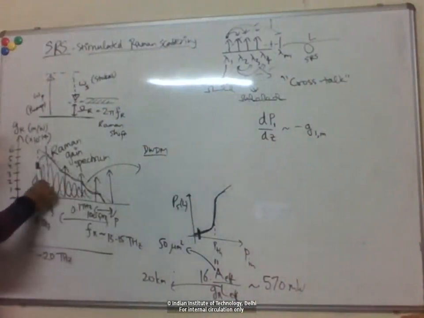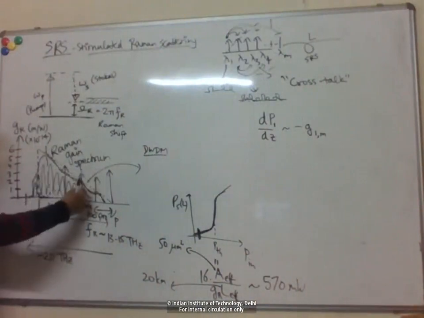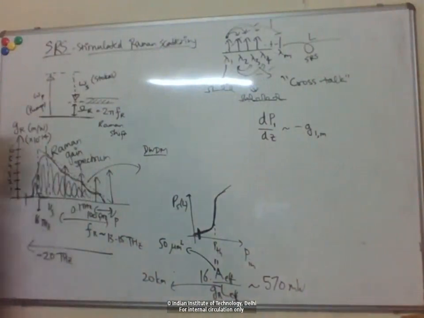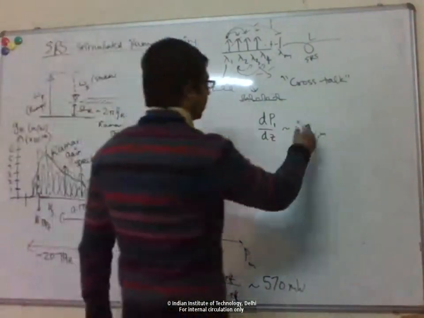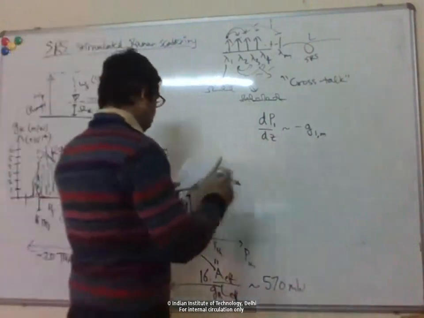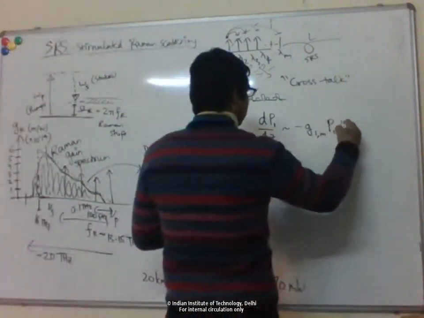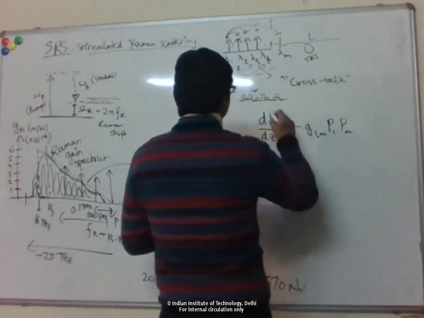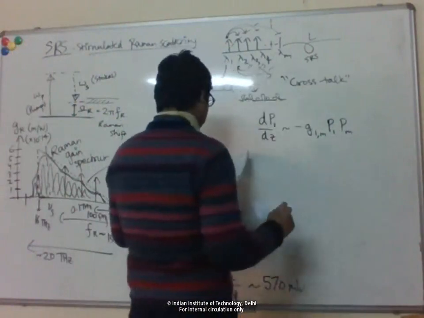So depending on where that m-th wavelength is, how far it's separated from lambda 1, that will give me what value of this Raman gain coefficient is. So that will be this g_R1,m. And then it will depend on the powers in channel 1 and the m-th channel.